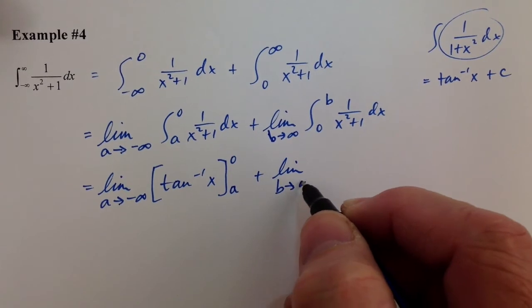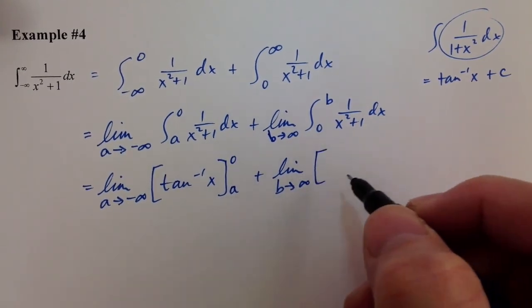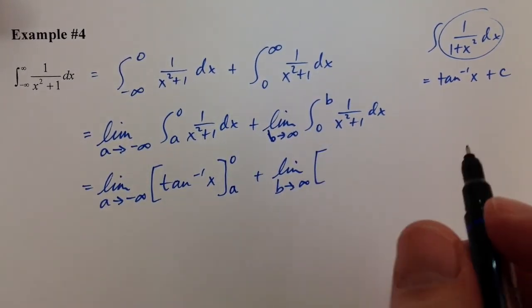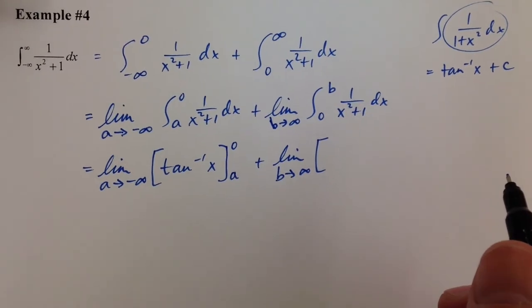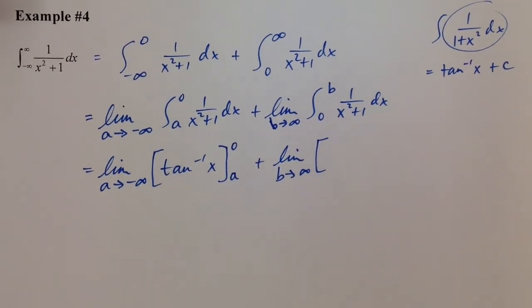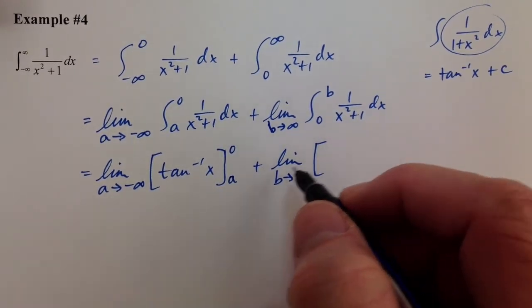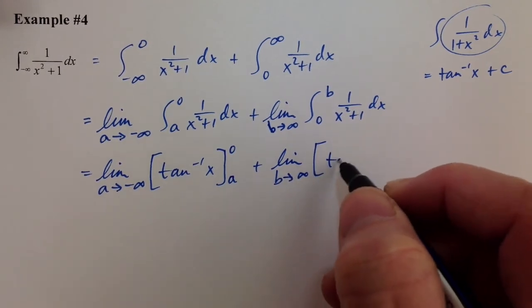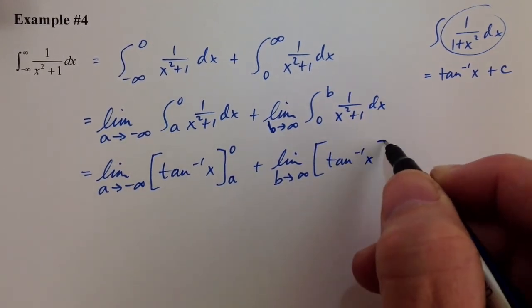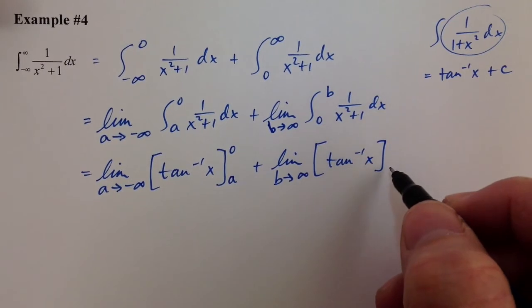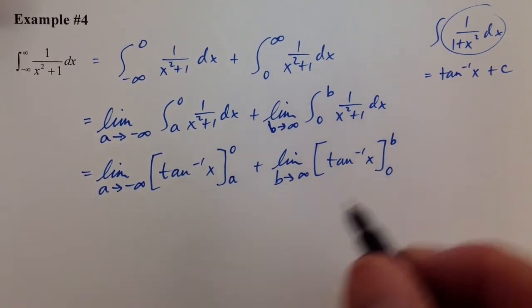Make sure you keep writing that limit. Everything in you is going to try to fight that, but just keep writing it. It helps your understanding of what we're doing here. The limit as b approaches infinity of inverse tangent from 0 to b. Once you find one, you've got the other.